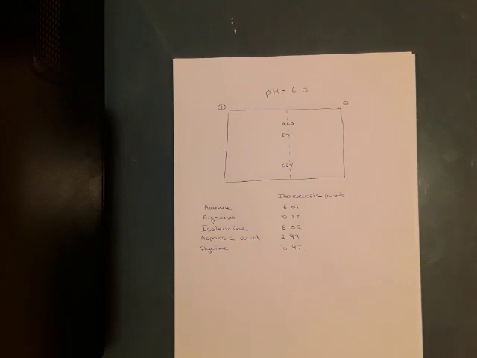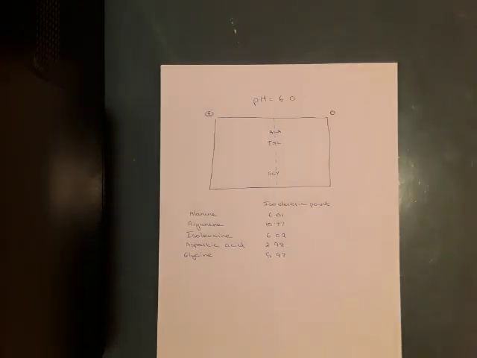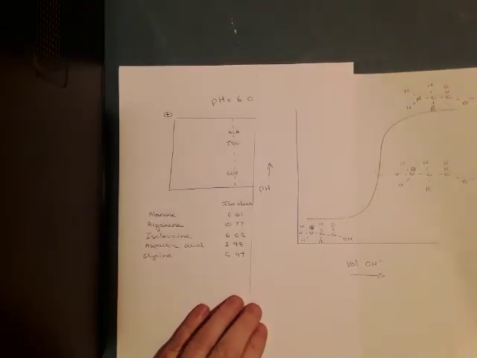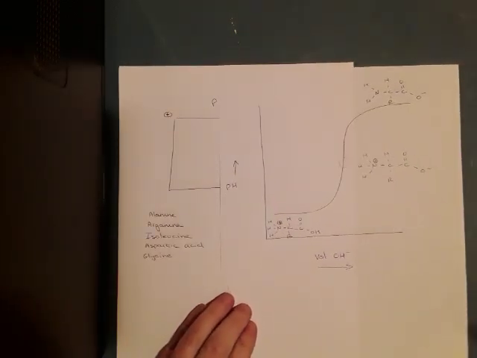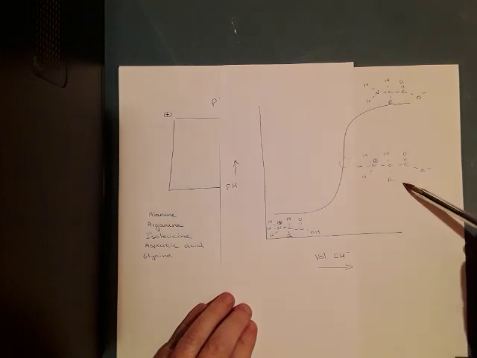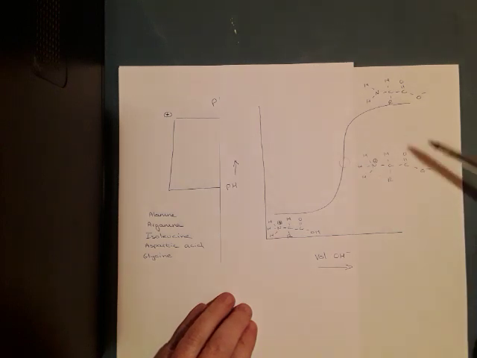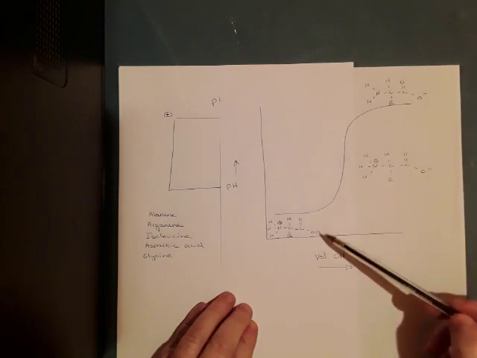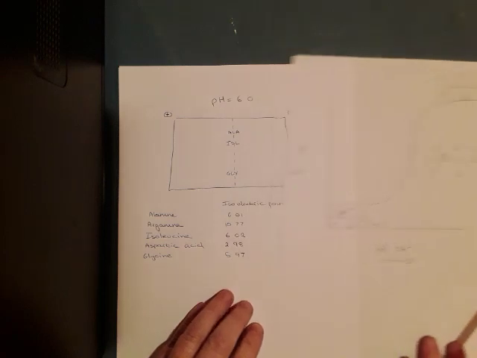Anything above the isoelectric point will be deprotonated. So if I just bring the graph back in that I drew earlier, can we see that? Yep. Okay. So again, at the isoelectric point, we've got zwitterion formation. Above the isoelectric point, we get deprotonation. Below the isoelectric point, we get protonation.